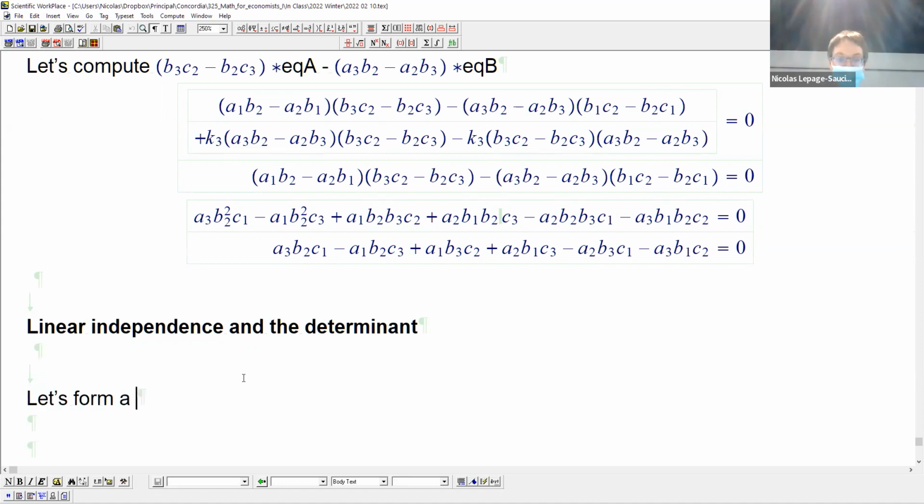Let's form a matrix M, so it could be anything, with columns made of the vectors V1, V2, V3. We would have M equals.